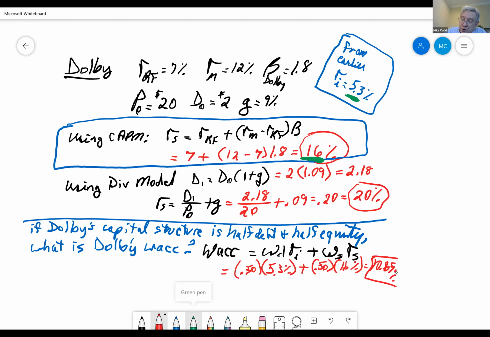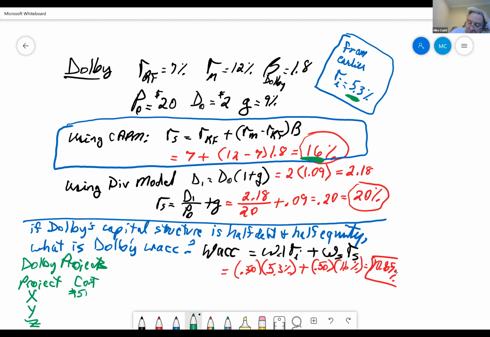Now, what if Dolby had the following projects? X, Y, and Z. The cost of the projects: X costs 50 mil.